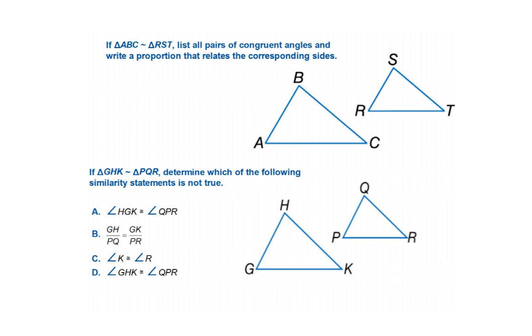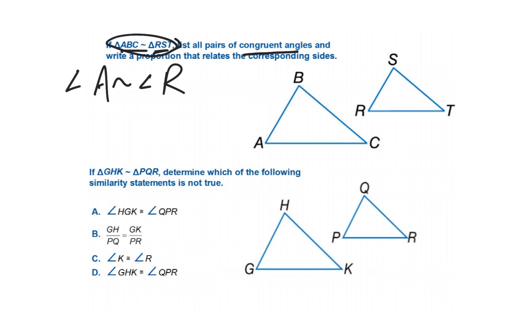All right, so here we go. We need to list all pairs of congruent angles and write proportions that relate the sides. So for this one, we have triangle ABC is similar, not congruent, similar to RST. We want to list all pairs of congruent angles and then write a proportion on the sides. So angle A is similar to what angle? R. Yeah, because it's in the same spot in that statement up here.